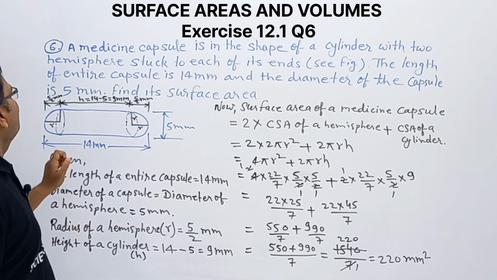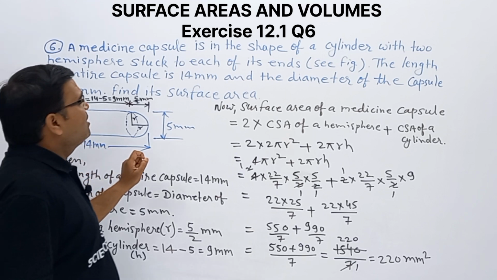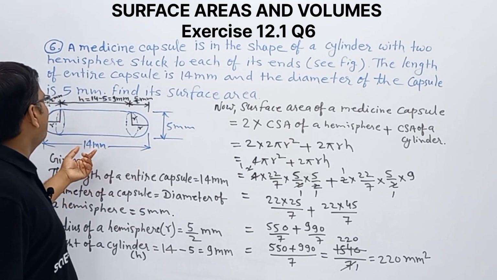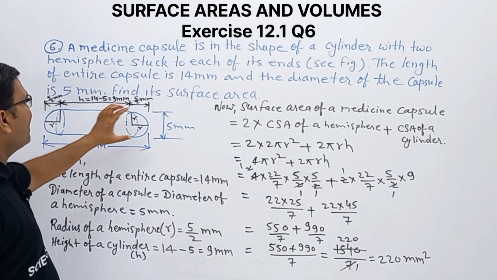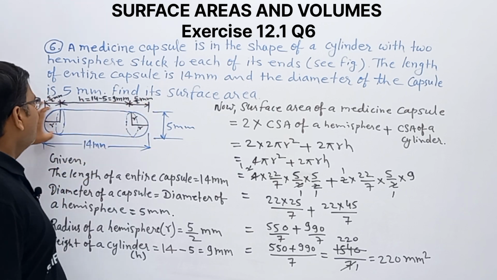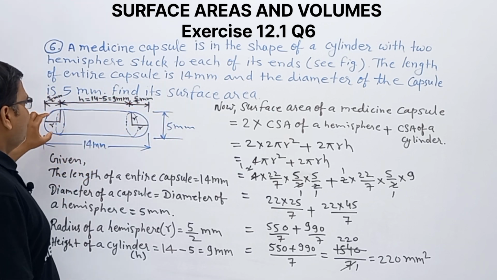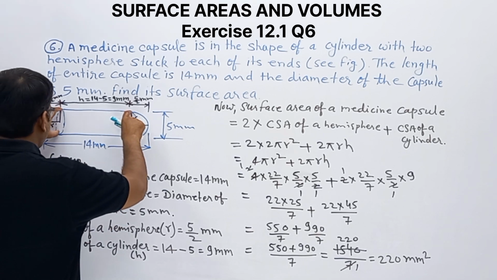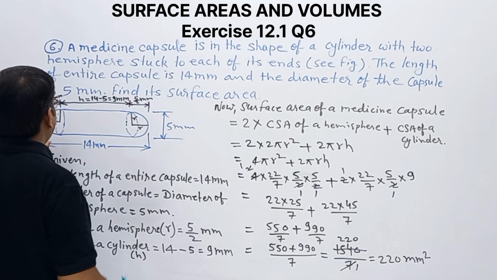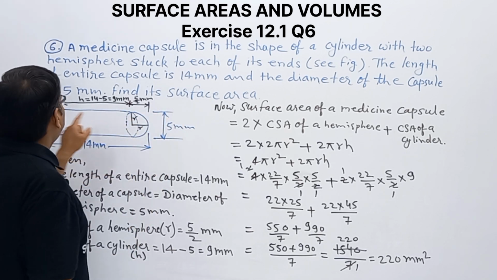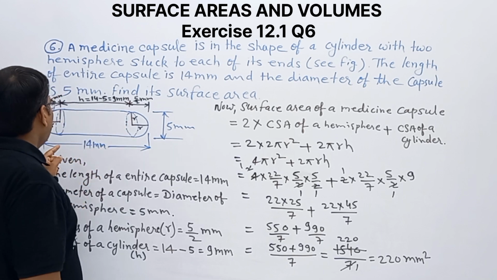Clear? Now length of this capsule is what? Total length is 14 mm and diameter of this capsule is this one. Diameter we are having, it means hemisphere diameter is also 5 mm. It means radius will be 5 by 2.